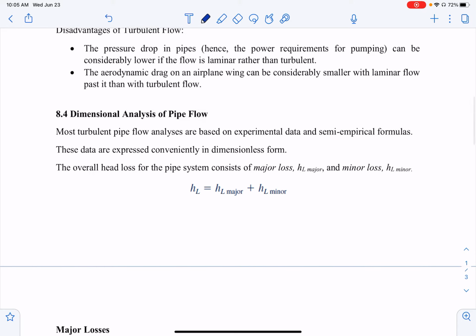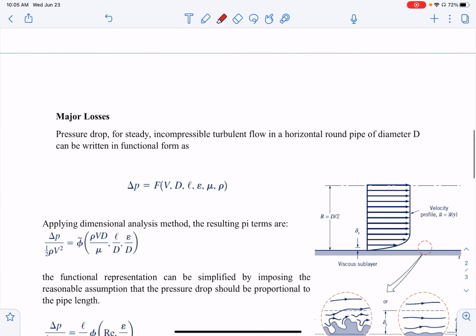Now, when we want to consider the head loss in pipe flow that has turbulent flow in it, the head loss is a combination of what we call the major loss and the minor loss. We can see it right here, right? But if you remember, for the laminar flow, we just had head loss, and it wasn't a combination, right?